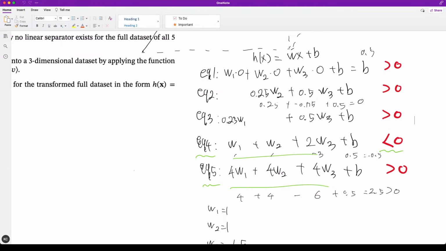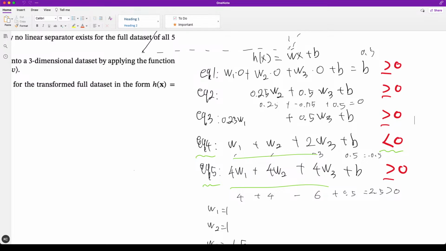If we classify the points on the plane as class minus 1, we can use this weight and bias.